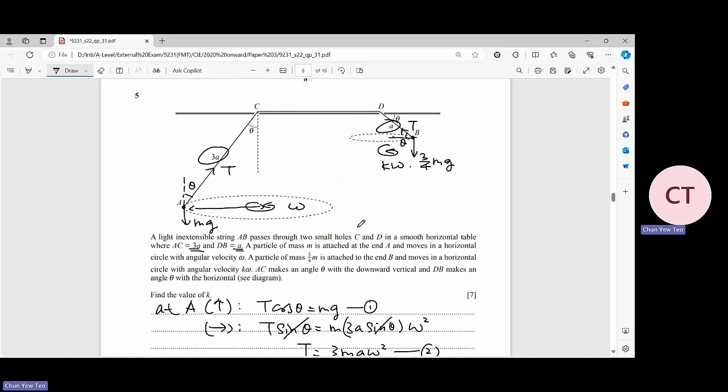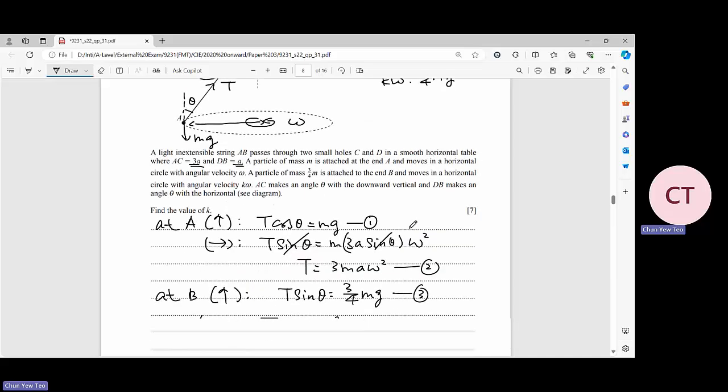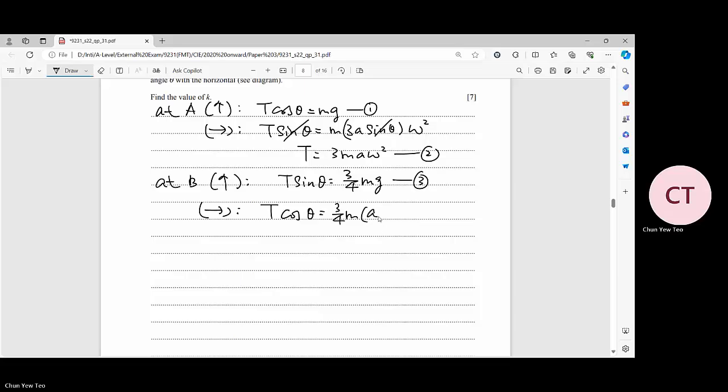Your R2 is the radius of a cos theta. Your angular speed is k omega. So over here you will get T cos theta. This one can cancel. You will get T is equal to 3/4 m a k omega squared. That will be your equation number 4.